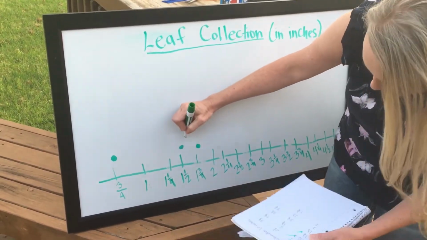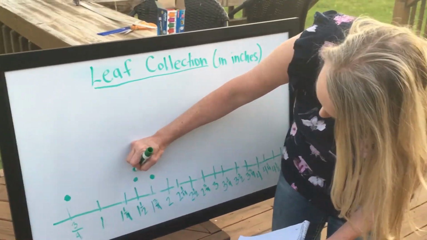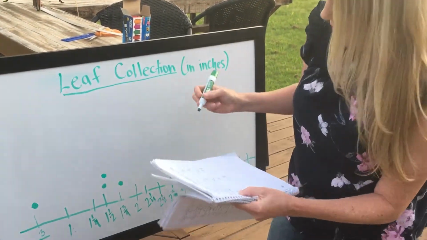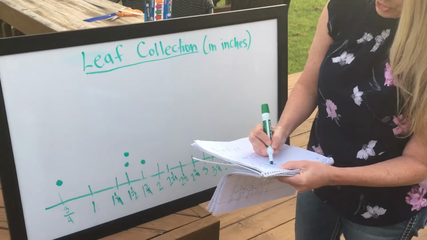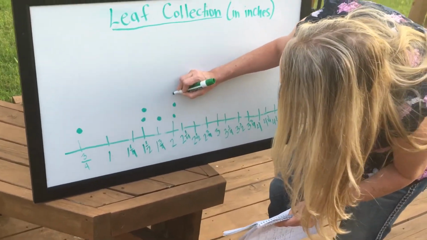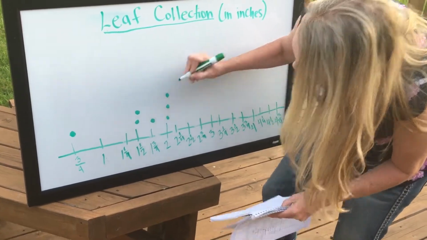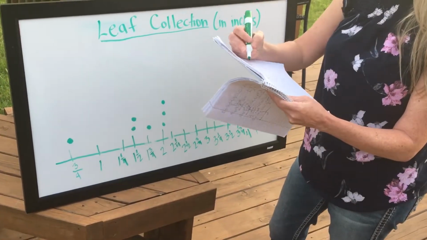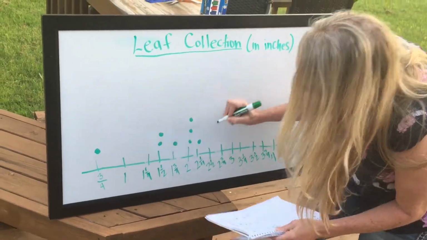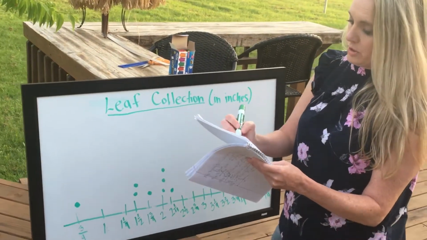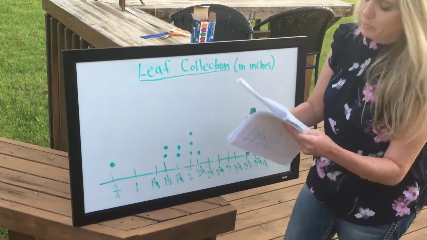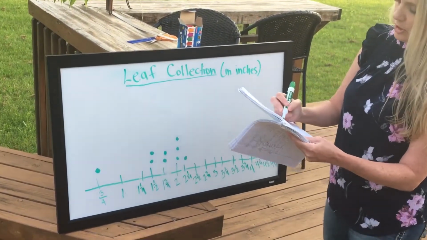I have another 1 1/2. I have 1, 2, 3, 2 whole. I have a 2 1/4. I have another 1 3/4. I have a 2 1/2.